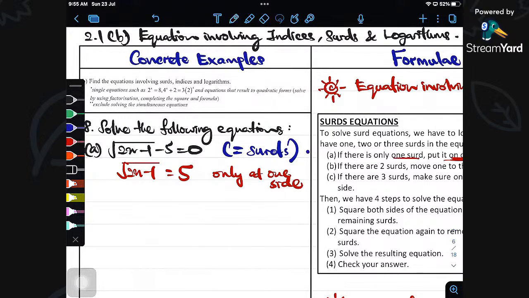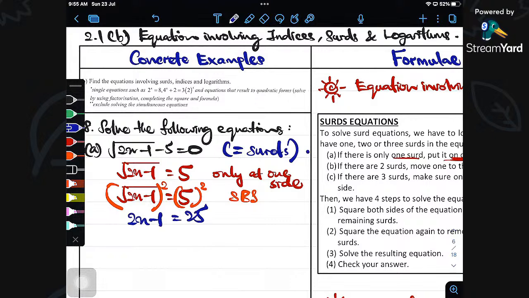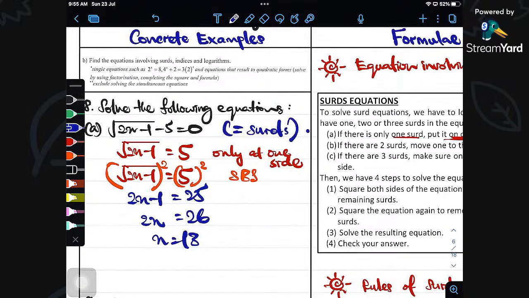And so the next step will be square both sides. The next step adalah square both sides. SBS bermaksud square both sides. Saya akan dapat jawapan 2x minus 1 is equals to 25. Therefore, 2x is equals to 26, x is equals to 13. Ini adalah jawapan dia, betul.